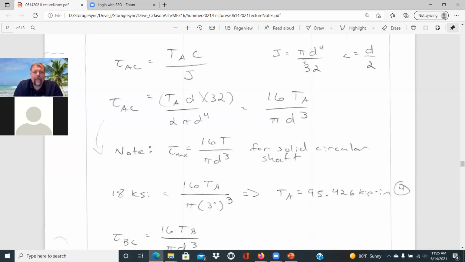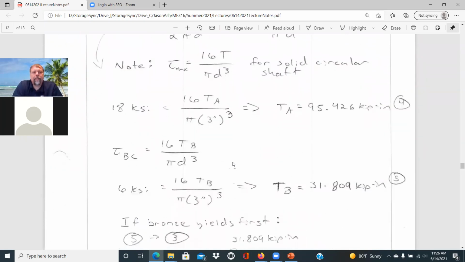When you do that for a solid circular shaft, what you'll find is that we have TA times a diameter over 2 for the C value, and a pi d to the 4th over 32 for the J value. And 32 divided by 2 will give you 16. TA over pi, and then a d will cancel with the d to the 4th to give you d cubed. So make a note of that for a solid circular section. Tau max is equal to 16T over pi d cubed. That's a handy bit of knowledge if you're dealing with solid circular shafts, relating that in terms of the diameter.